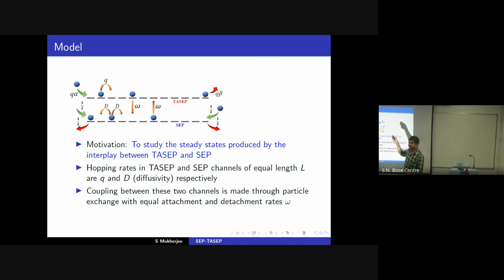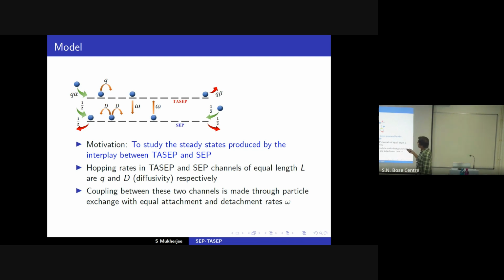You are asking about an actual physical system, experimental. So the question is, in an actual physical system, can you tell the difference between alpha, beta, and omega? Because both are introducing particles. For example, if I take the last site and I see some particle there, did it come from absorption, desorption, or from entry?